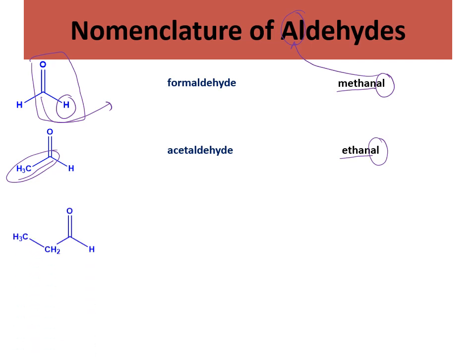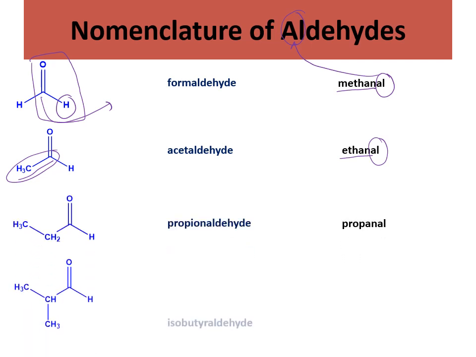Okay, we are seeing some more examples here, and I hope that you will be able to now correlate the IUPAC name, that three carbons are there, 1, 2, 3, so that makes propane, and then al we have here, so propanal, and commonly it is known as propionaldehyde.